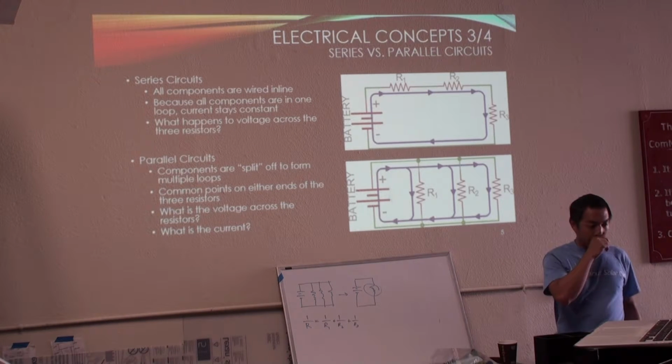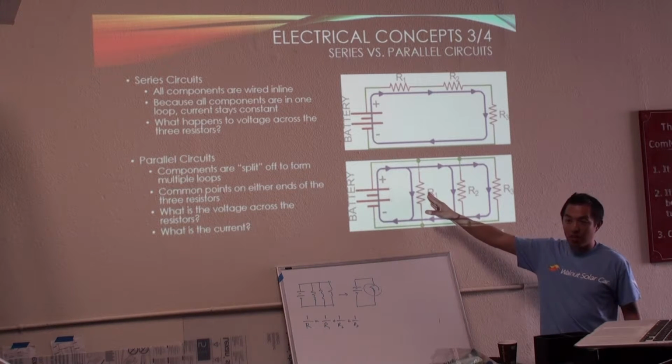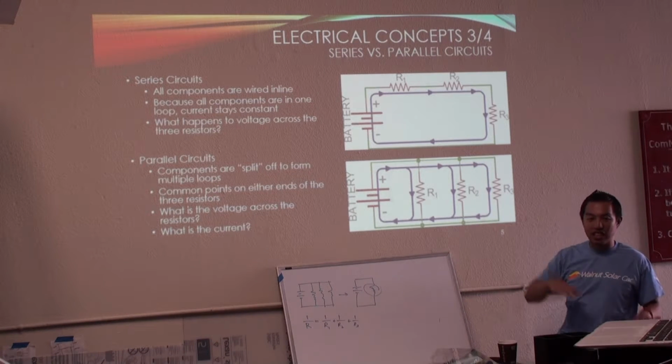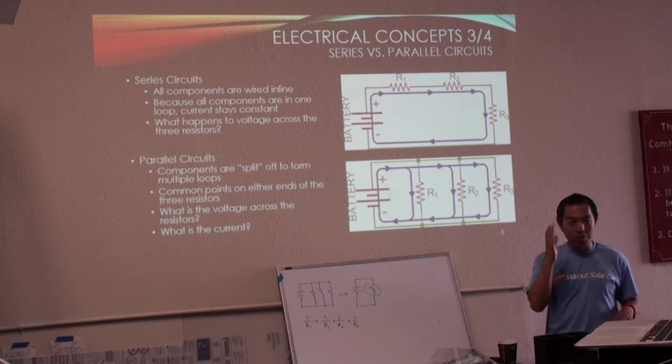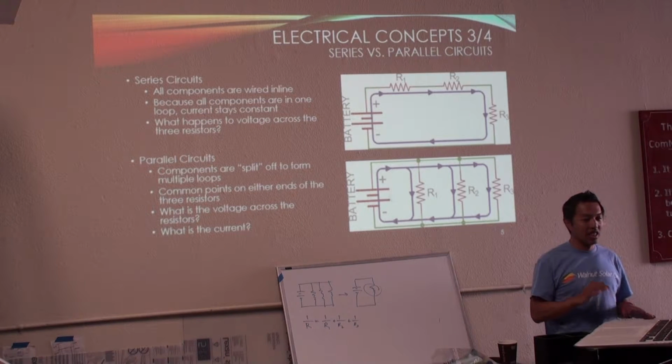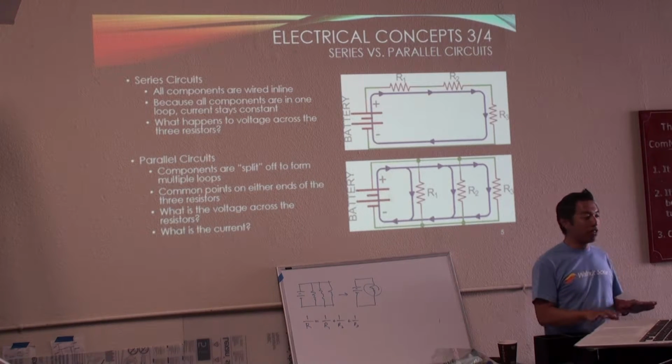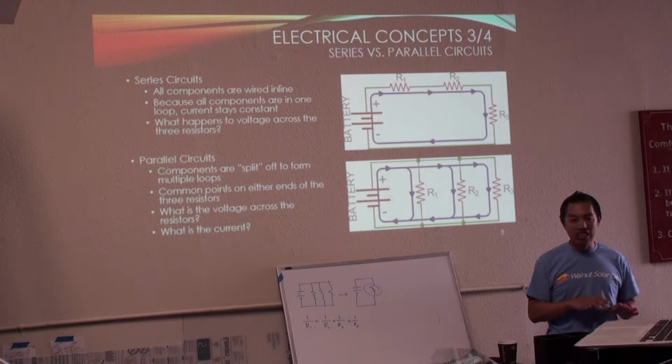So if you have more resistance on one versus another, the concept that you need to understand is that current's going to flow to the least resistance.